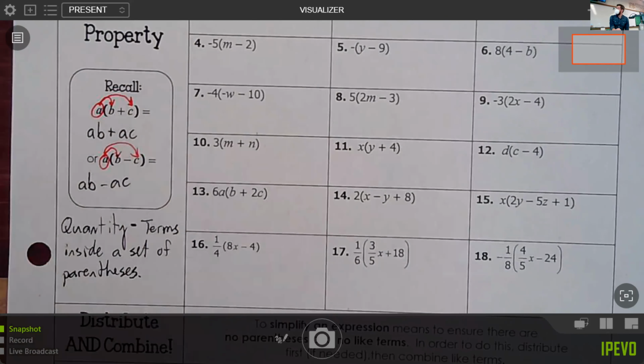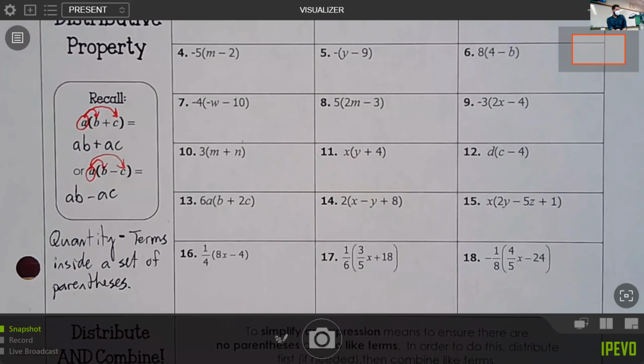So when you hear me say something like 7 times the quantity x plus 4, when I use that word quantity, I'm talking about things inside of parentheses. So we would say this first one is A times the quantity B plus C, and this one would be A times the quantity B minus C.